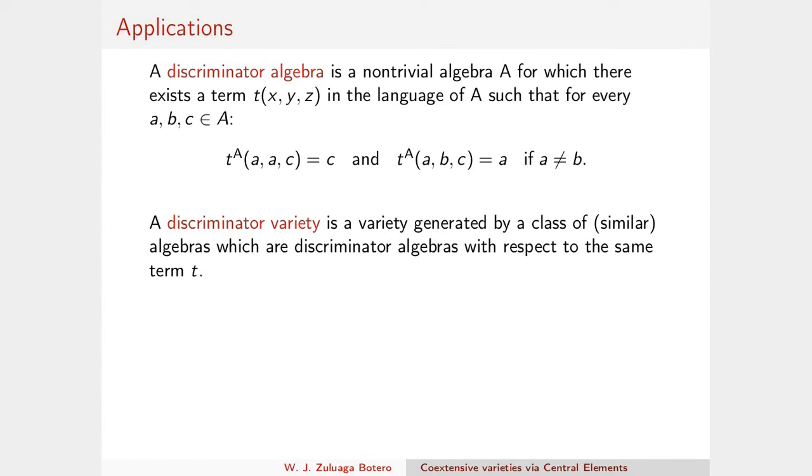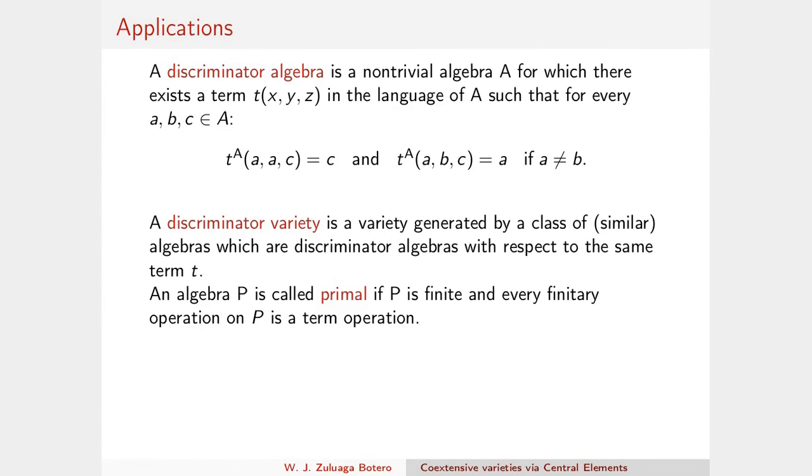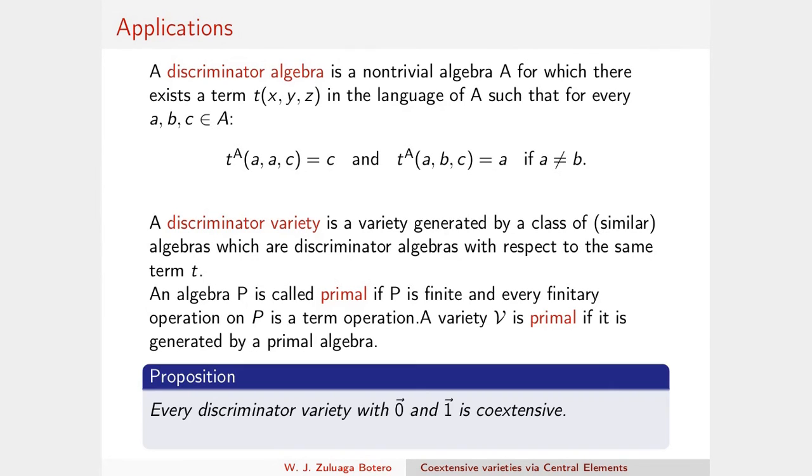A particular family of discriminator algebras is given by primal varieties, which are varieties generated by primal algebras. An algebra is primal if it is finite and every finitary operation is a term operation. A canonical example of this is Boolean algebras. In particular, we obtain that every discriminator variety with 0 and 1 is coextensive, and of course, in particular, every primal variety with 0 and 1 is coextensive.